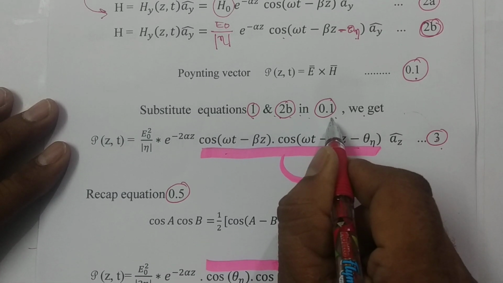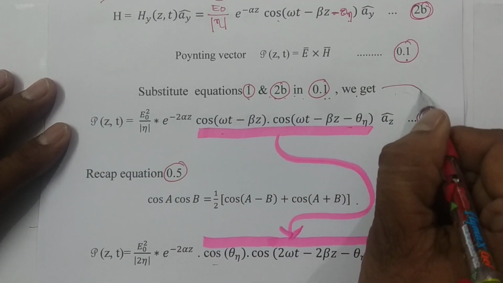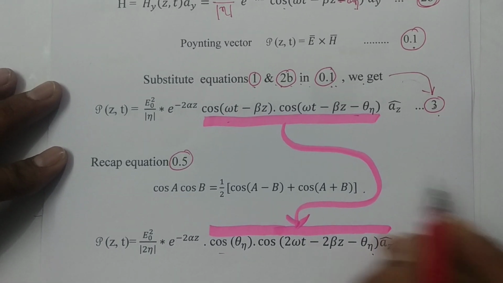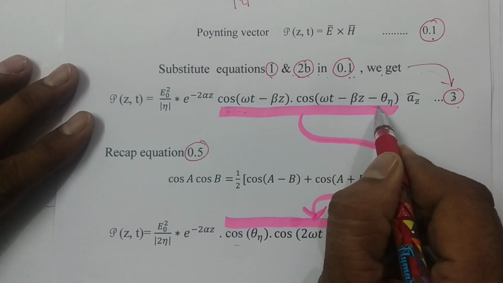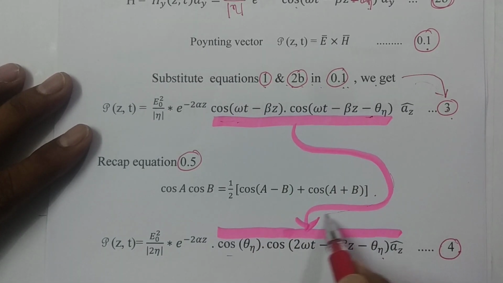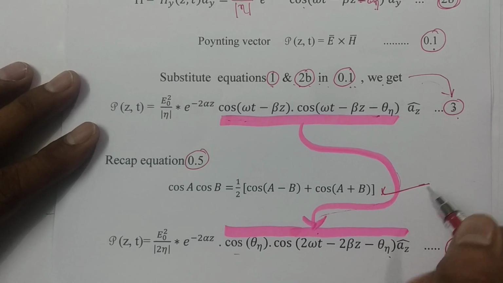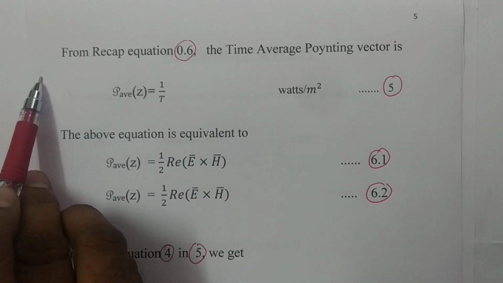In recap equation 0.1, we get equation number 3. Now this particular term in equation number 3 can be simplified as this term in equation number 4 by using standard cosine term.